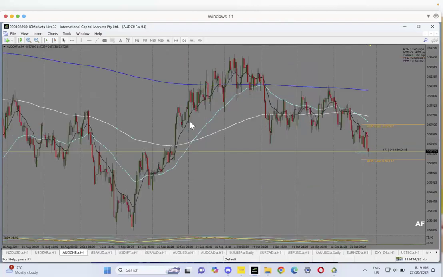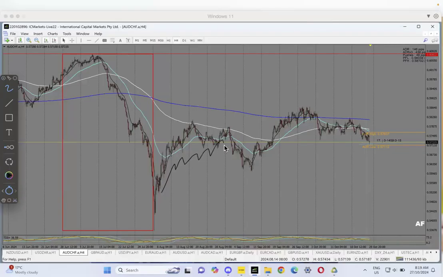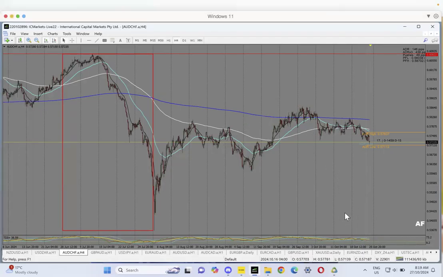Now let's go to H4 and find out what's happening. This one is going to be very easy because we do not really need to be worried about this move towards the 800 EMA. Yes, we need to be worried about it if we're going to trade it. But if we're not going to trade it, then we're not worried. All we're worried about is the move to the downside, all right?